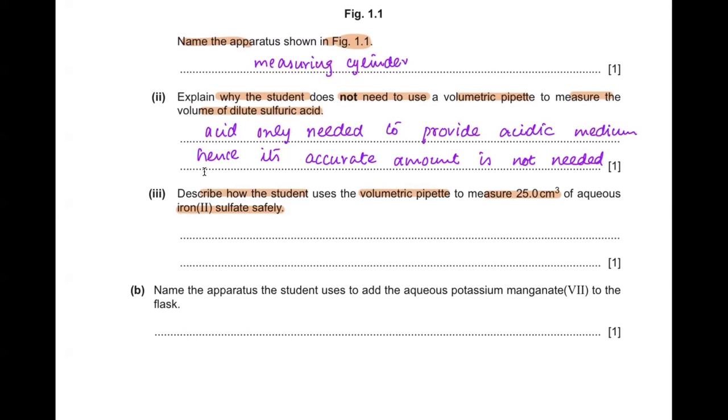Otherwise, we need to suck it from the pipette as we do with a straw if there is no pipette filler. There is another apparatus called safety bulb. So either you can write pipette filler or you can write safety bulb.